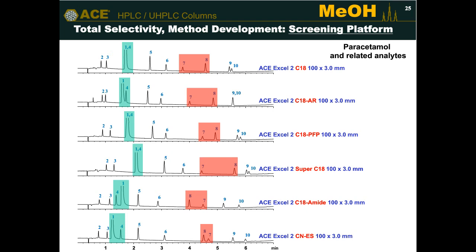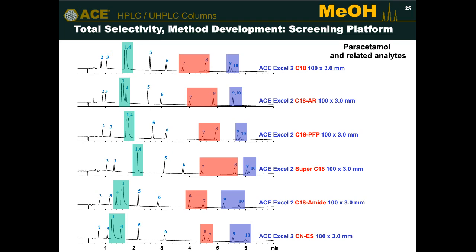And then finally, peak pairs 9 and 10. If we start at the top and go to the bottom, we can see coeluting, completely coeluting, partially resolved, co-eluting, and then the C18 amide, 9 and 10 are well resolved, and also on the cyano-ES, they are well resolved.